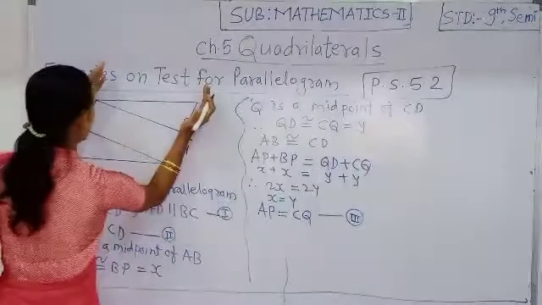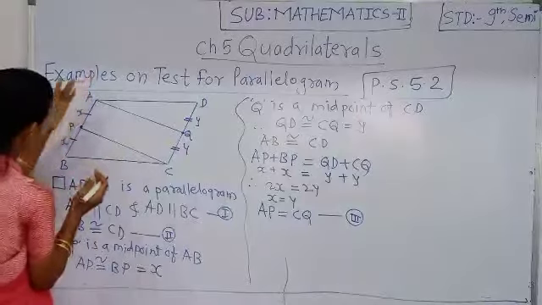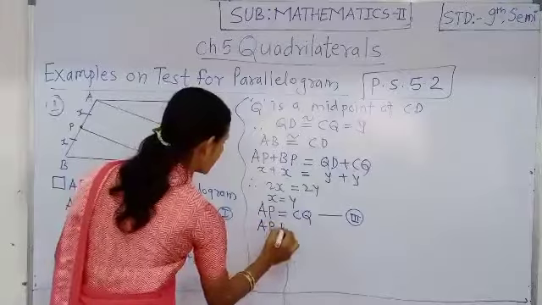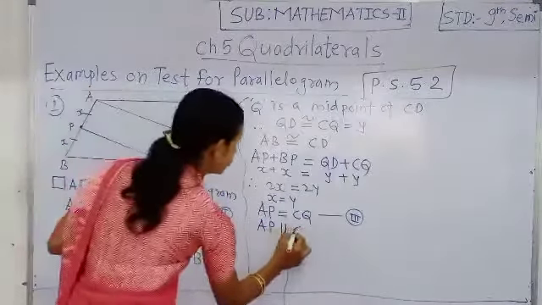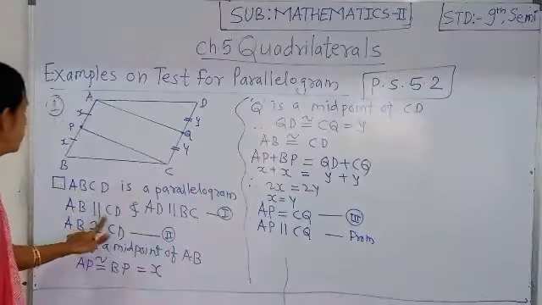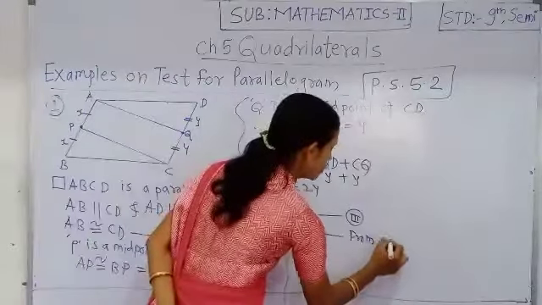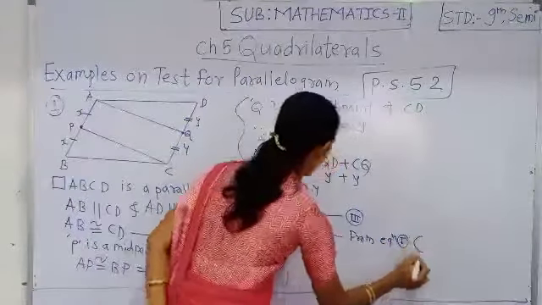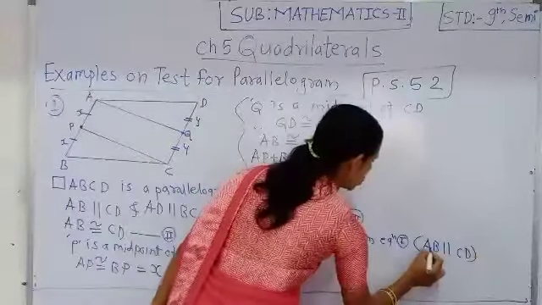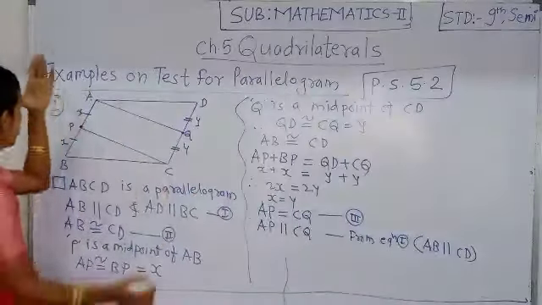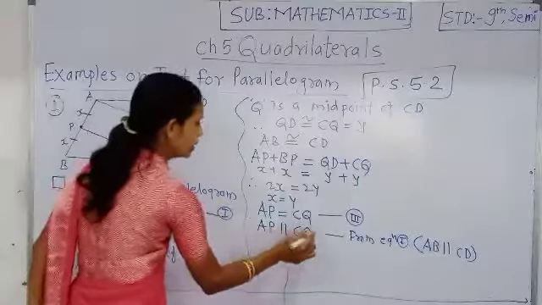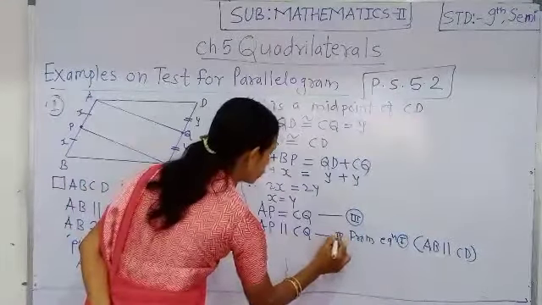As AB is parallel to CD, therefore AP is parallel to CQ. Because AB parallel to CD is given from equation 1, since quadrilateral ABCD is a parallelogram. Therefore AP is parallel to CQ. Let this be equation number 4.